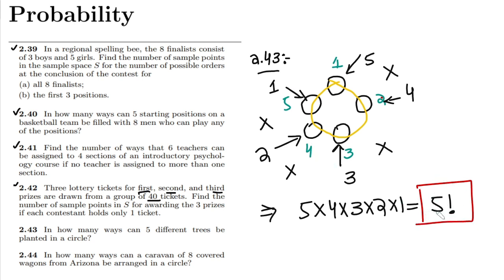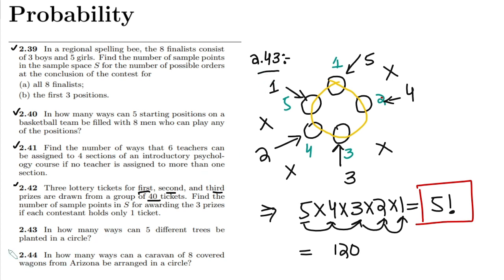If you calculate it, 5 multiplied by 4 is 20, 20 multiplied by 3 is 60, 60 multiplied by 2 is 120, and 120 multiplied by 1 is 120. I am not calculating it in many questions, so in that case you can calculate it by yourself. So that is the solution of question 2.43.